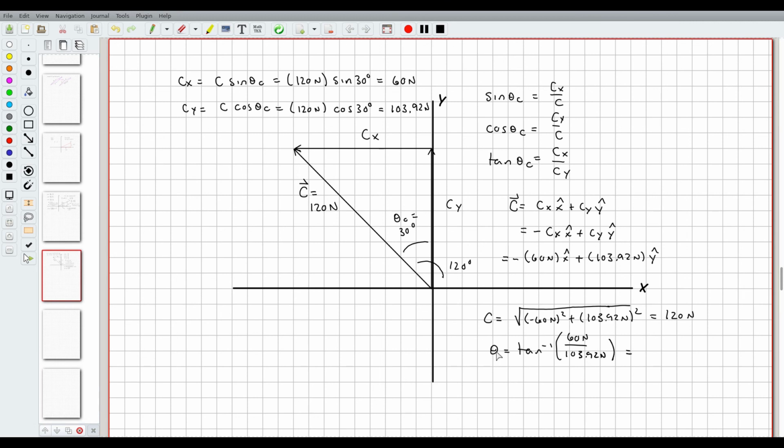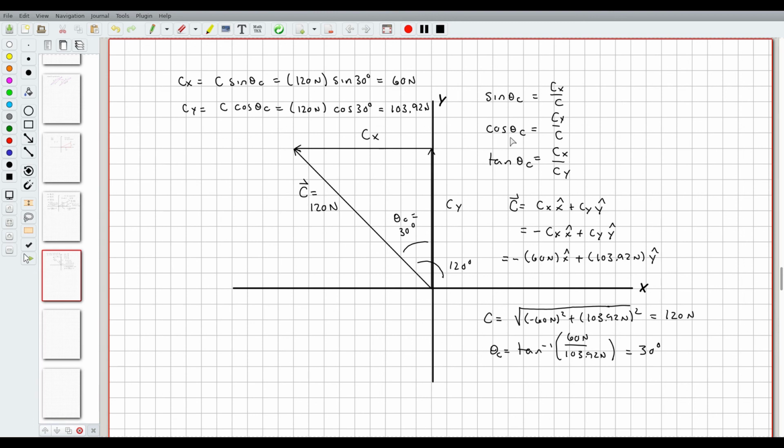And I guess this should be theta sub C. It's 30. There you go. So it works.